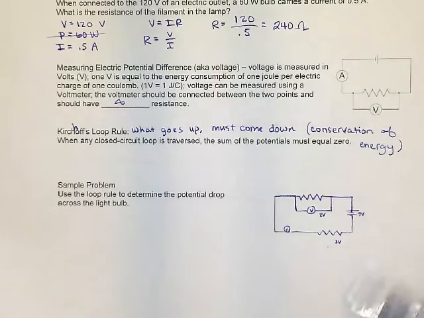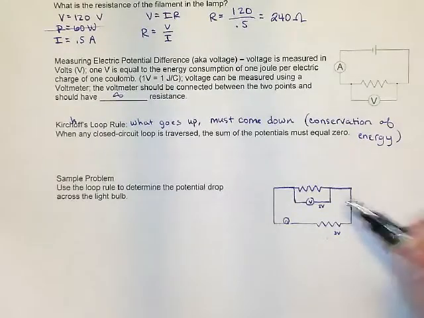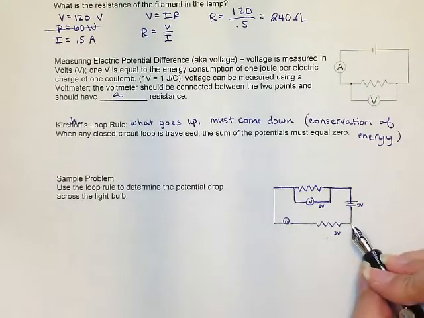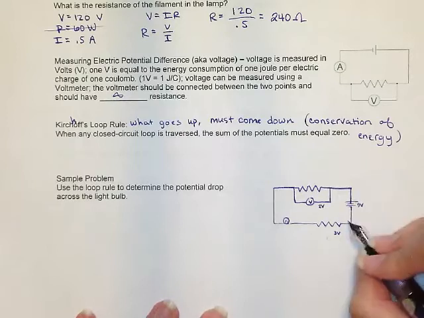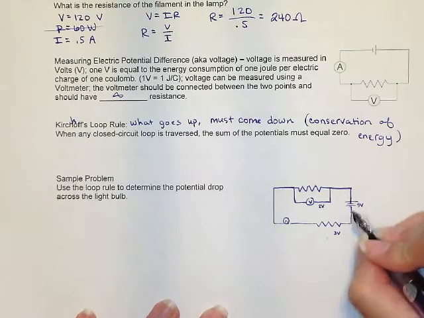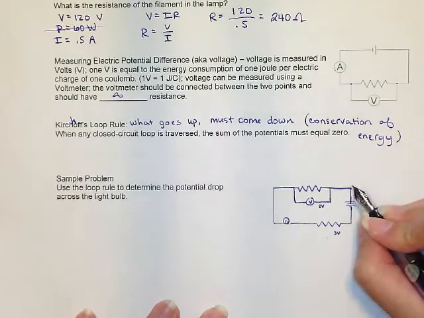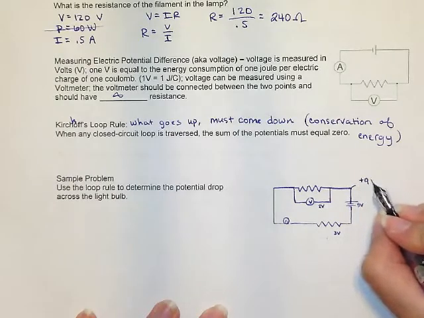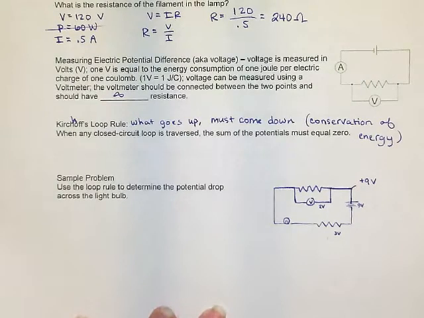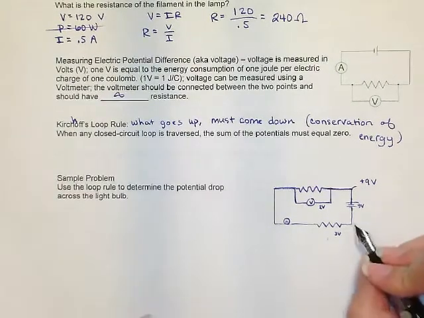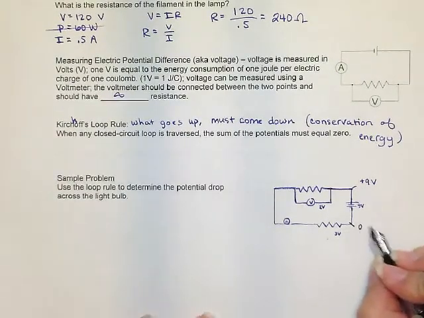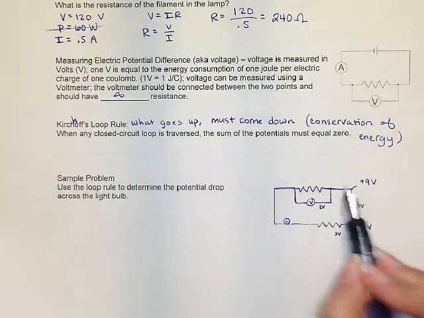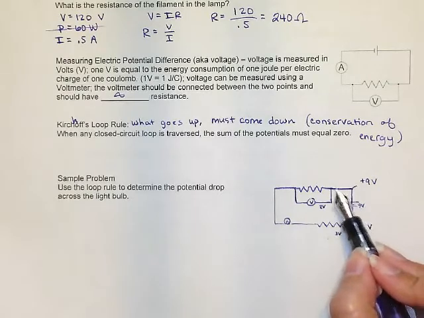So what is lifting those charges up, quote unquote? Well, it's the battery. If I start on this side of the battery and I am 1 coulomb of charge and I travel to this point right here, at this point I have positive 9 volts of potential difference, as compared to here. Then I travel around.